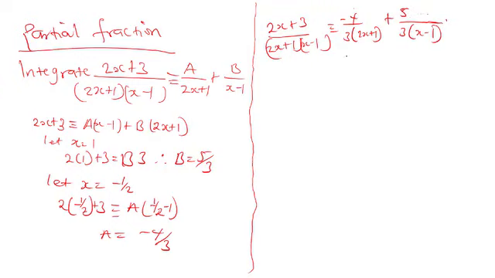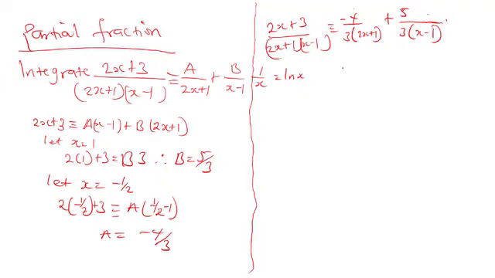These two. But remember that if you integrate 1 over x, it will give you ln x. So this is equivalent to minus 4 over 3. But now since it is 2x, you have to account for the derivative of the 2x. So 2 times 3 is 6.